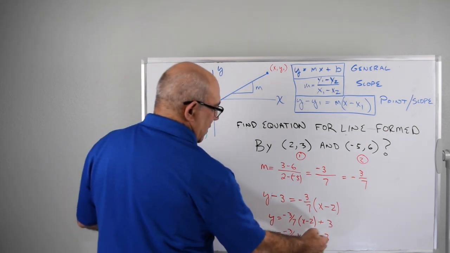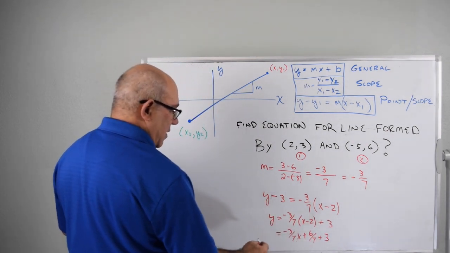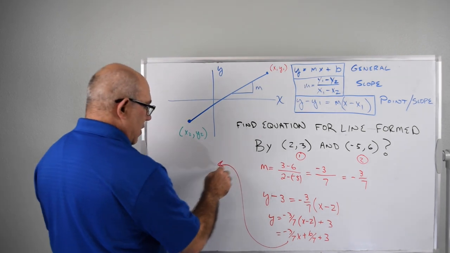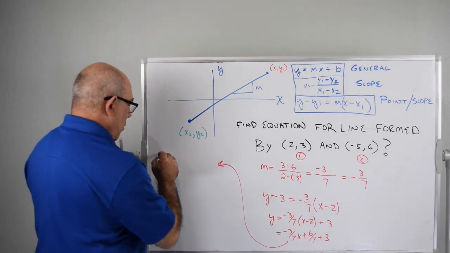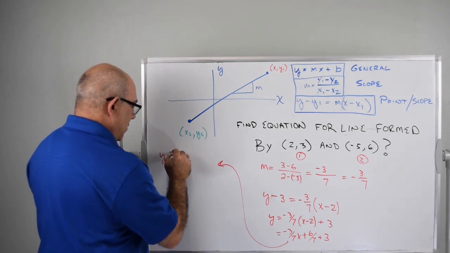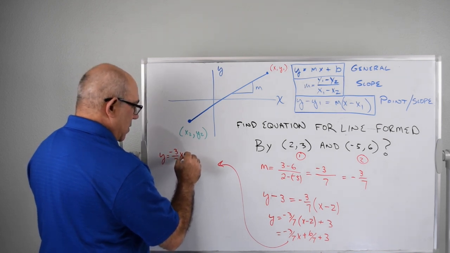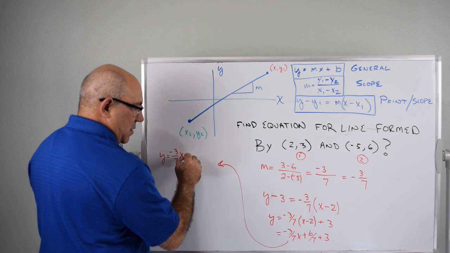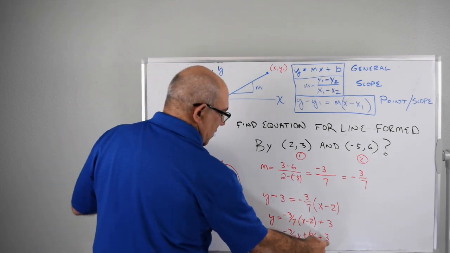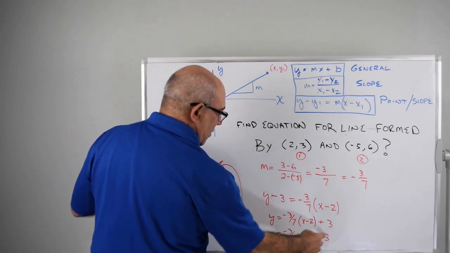And 3 is the same as 21/7. So if we just bring this over here, we get y equals minus 3/7 x plus, this is 21/7, so that's 27/7.